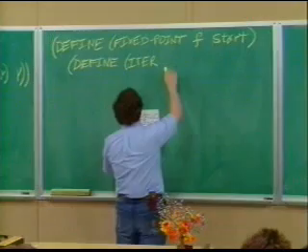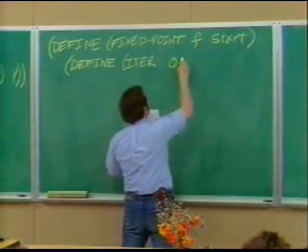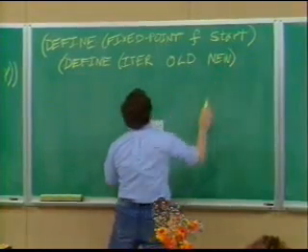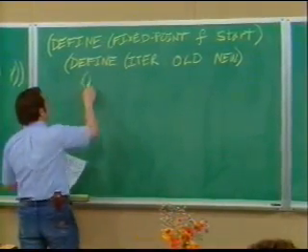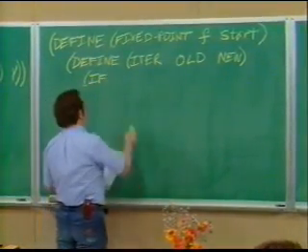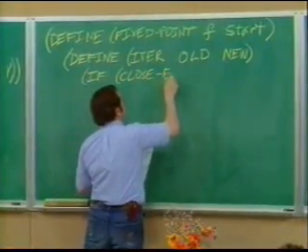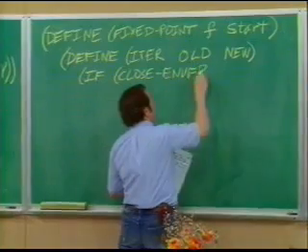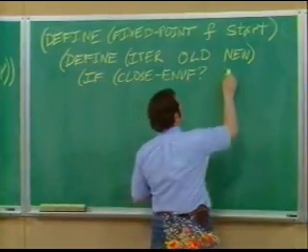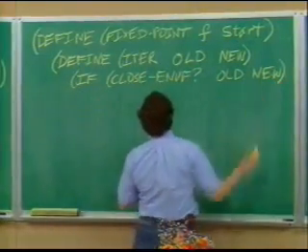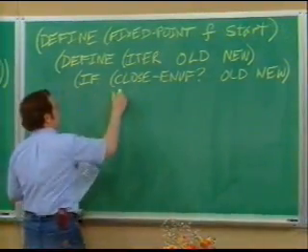So, the old value and the new value, and I'm going to say here, if I can't distinguish them, if they're close enough, we'll have to worry about what that is soon. If the old value and the new value are close enough to each other, then let's pick the new value as the answer.